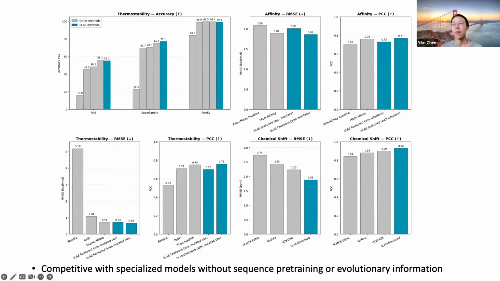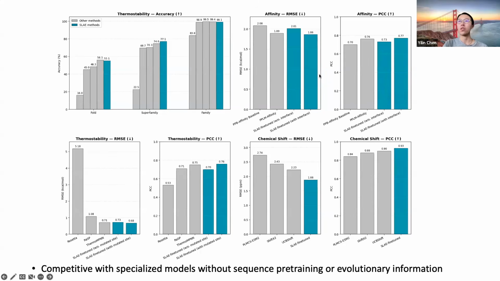For example, for this chemical shift, we're getting a much lower RMSE and higher correlation compared to all the other tried and true methods that people have used before. I think this is a really good indicator of the generalizability and how useful the SLAE latent, trained only on first principle atom and distance, can be.